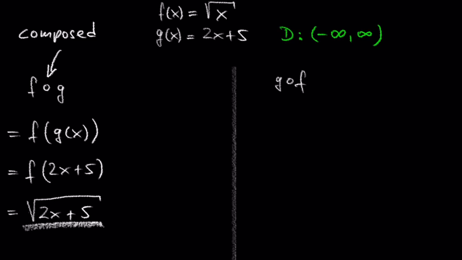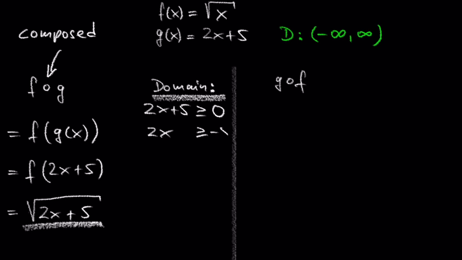So the domain must be the set of all real numbers such that 2x plus 5 is greater than or equal to 0. Subtracting 5 from both sides gives us 2x is greater than or equal to negative 5. And dividing by 2 on both sides gives us x is greater than or equal to negative 5/2.